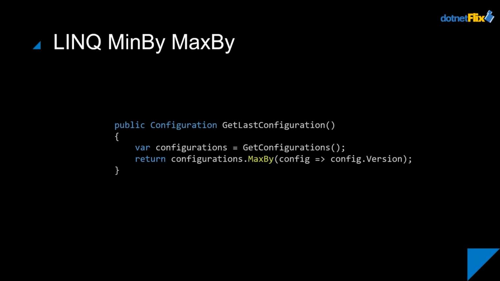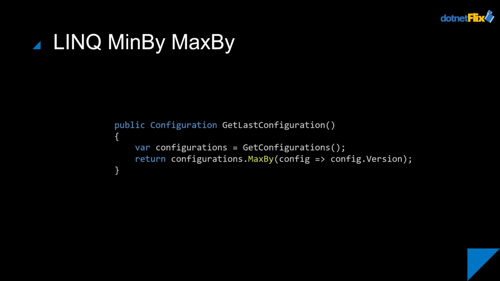So, on to some more new Linq methods. In .NET 6, the MinBy and the MaxBy Linq methods have been added to allow developers to query a list of items based on the maximum value of a property or the minimum value of a property.